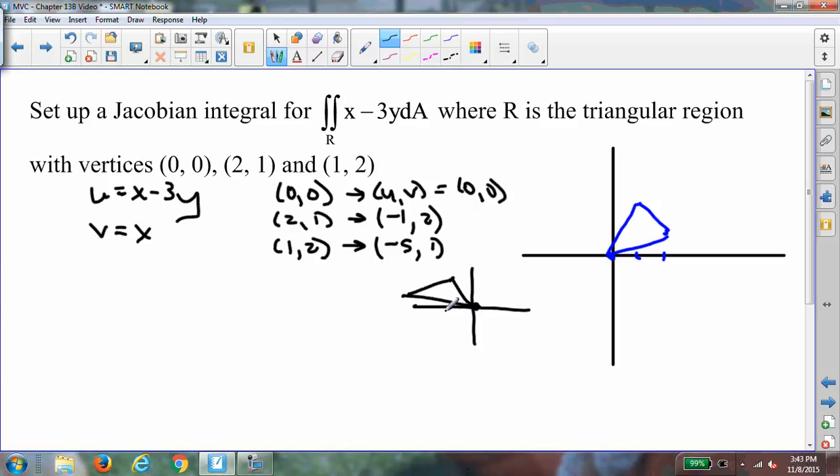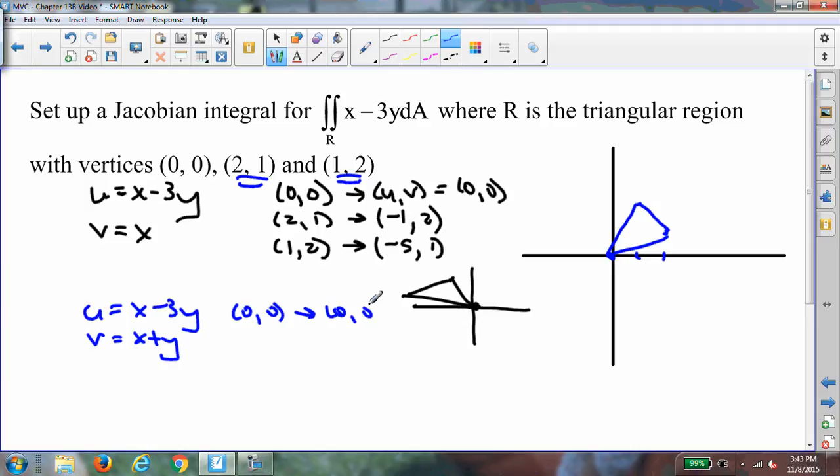So one thing you want to do is look at the coordinates to see if there's anything you can use to help. Notice I have 2, 1, and 1, 2. And if I add both of those up, I get 3. So how about instead, I let u equal x minus 3y still, but I let v equal x plus y. Now 0, 0 still maps to 0, 0. 2, 1 is going to map to 2 minus 3, which is still negative 1, and 2 plus 1 for the v value, which is 3.